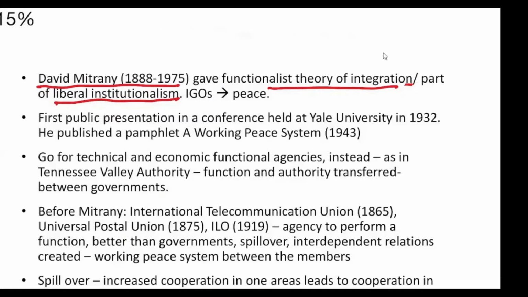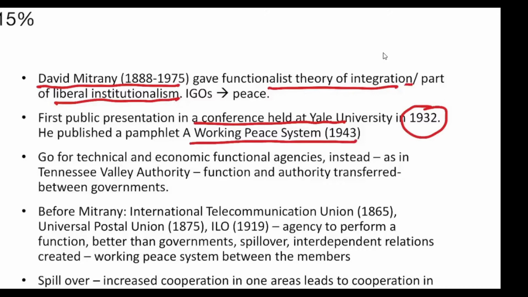Mitrani proposed this theory first in a conference held at Yale University in 1932. That was before the Second World War. And he finally published a pamphlet titled A Working Peace System in 1943.